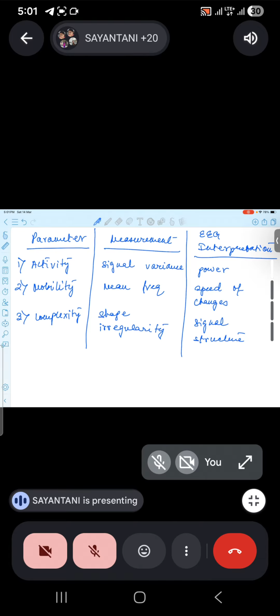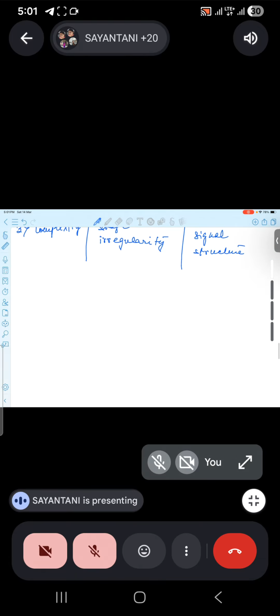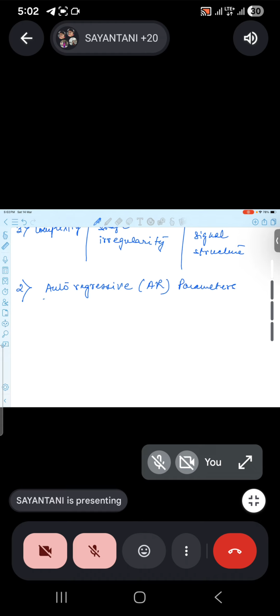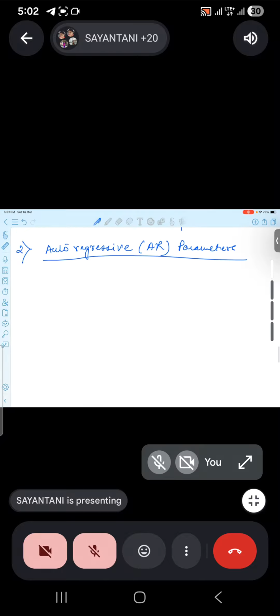We discussed the first type of time domain based features, and now the second type, that is autoregressive parameters. So autoregressive parameters help me to describe the temporal structure of the signal. Okay. Now there is a method of how it is done. So let me just give you brief points.